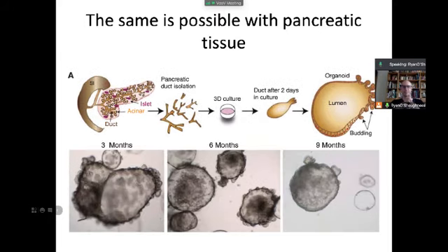If we leave these for a very long time, 3 months, 6 months and 9 months, they persist in culture because they have stem cells associated with them from these ductal regions. So these are very stable organoids and could be used for various analyses.